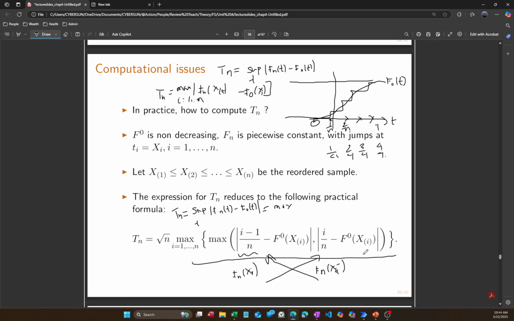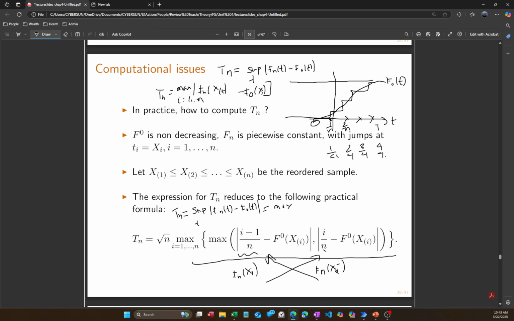It is because at each point it jumps by 1 over n. That's why it's i by n. And how about Fn(xi minus)? It is one point behind. We are not talking about this point, but one point behind. That's why it's i minus 1 divided by n.